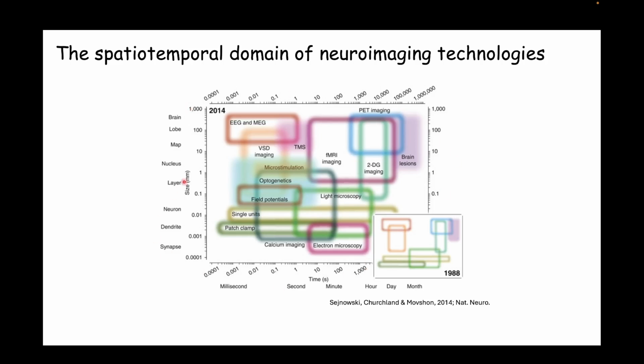There are different kinds of fields that you get from each kind of technique. For example, electroencephalography, EEG, or magnetoencephalography, is used for recording the brain. So that fits in somewhere here, which can allow us to record a large part of the brain, but with a relatively poor temporal resolution.